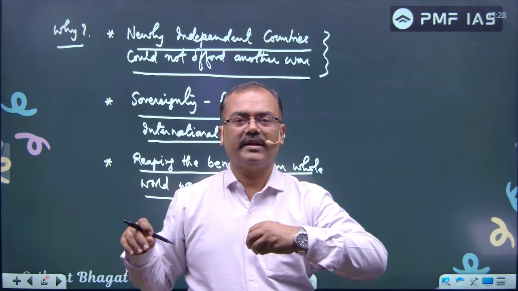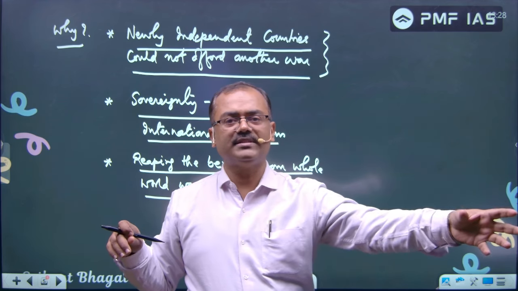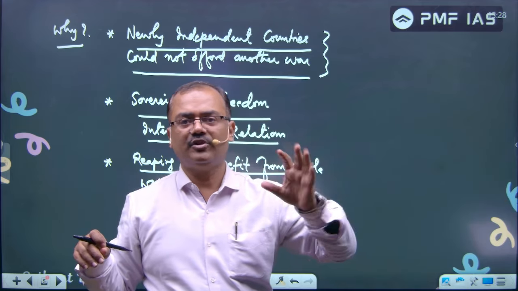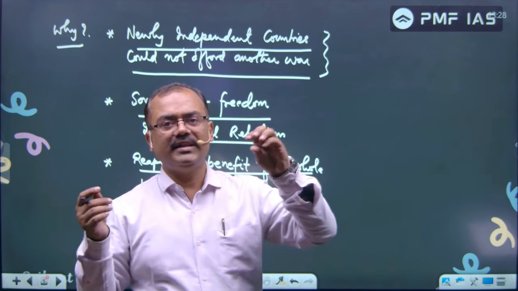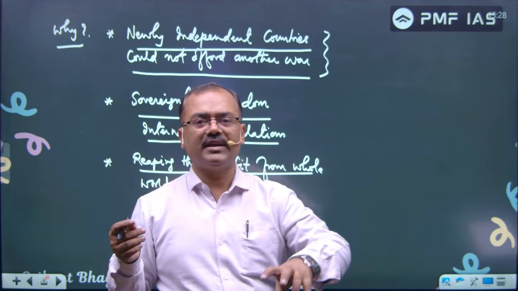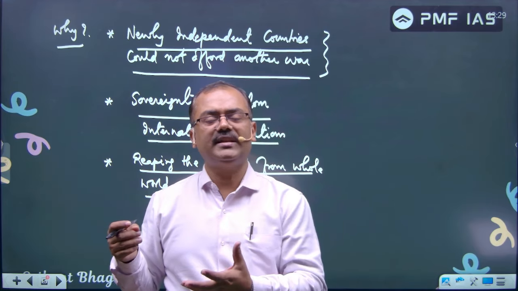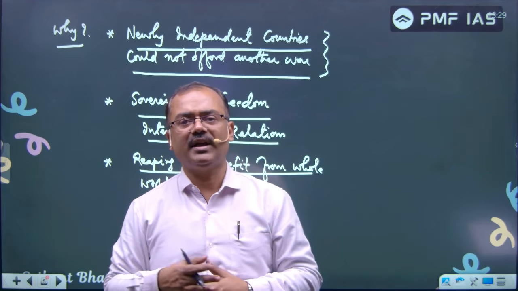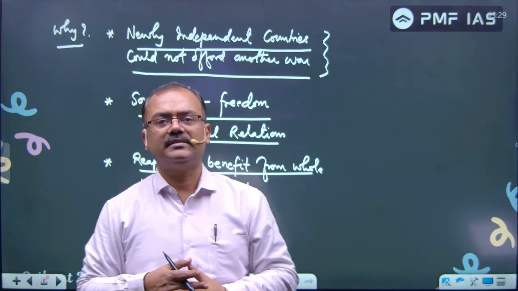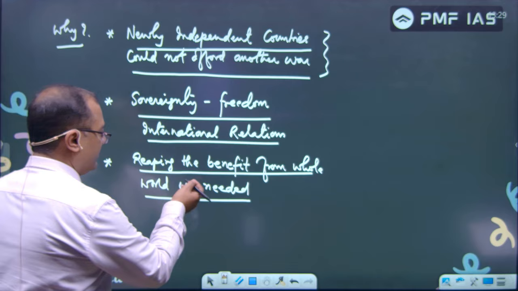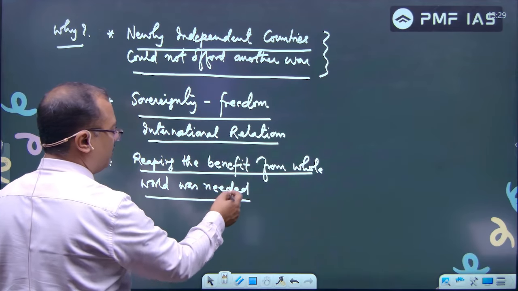Oh, if we don't have a relationship with the US, it will work? No, we can't afford it. We needed friendship with the US, UK, France, Germany, Japan, USSR, China. Every country's friendship was required. So reaping the benefit from the whole world was needed.